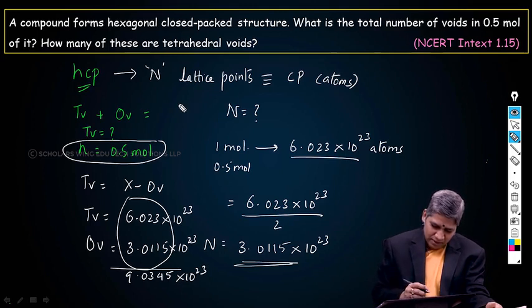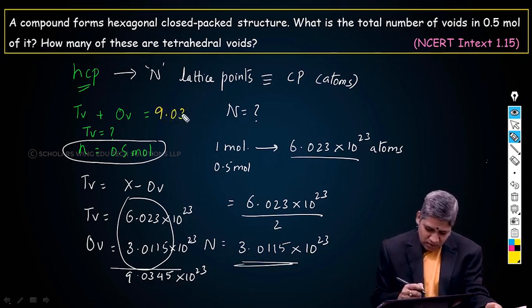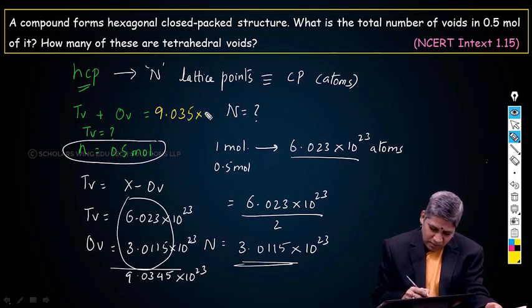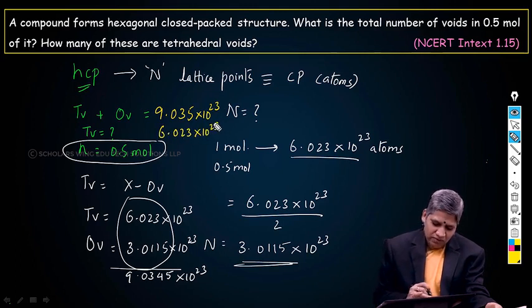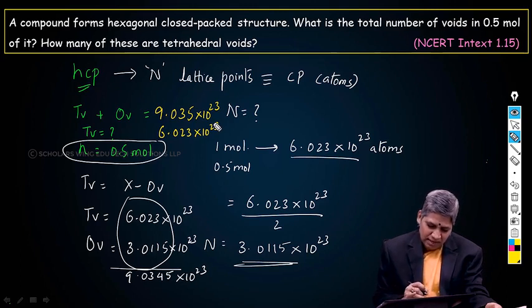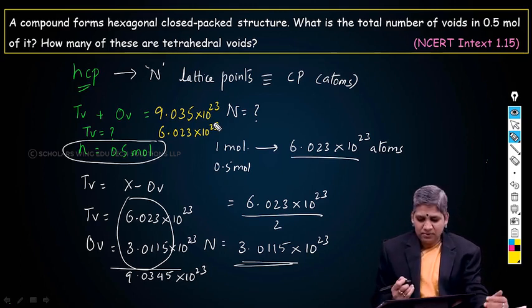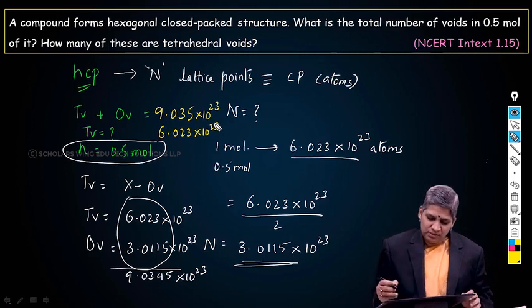X is 9.0345 into 10 power 23. And the TV, just now we got, Avogadro number, that is 6.023 into 10 power 23. Even if you take this minus n, you'll get the same thing. Okay, fine. So this is the answer.